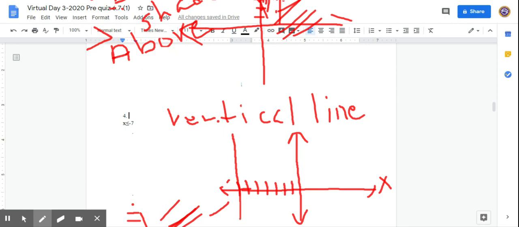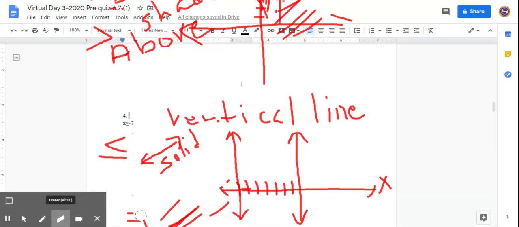What I should have done before I drew this line was come over here and look at my inequality. Luckily for me, the inequality was less than or equal to, so that includes the line, so it is going to be solid. Okay, now I have to decide. This says x is less than or equal to -7.